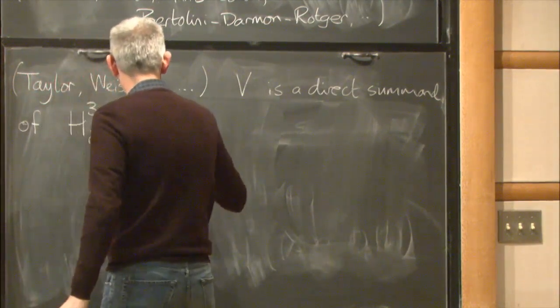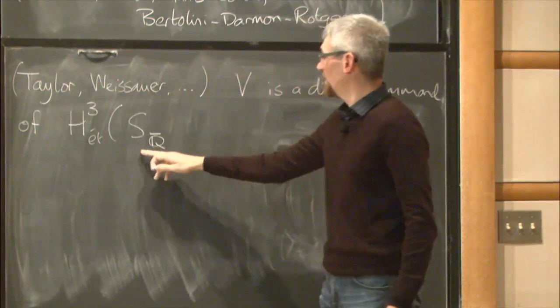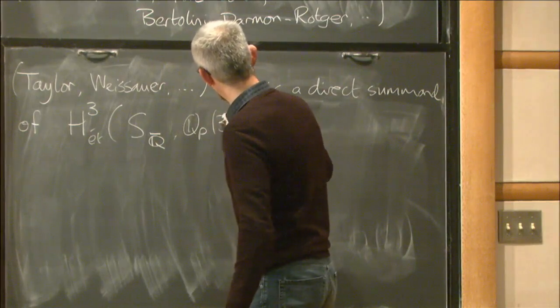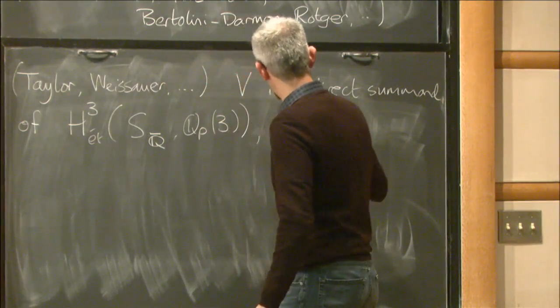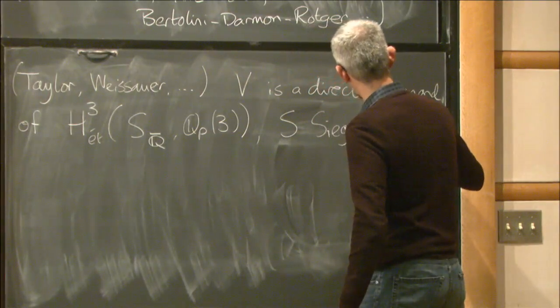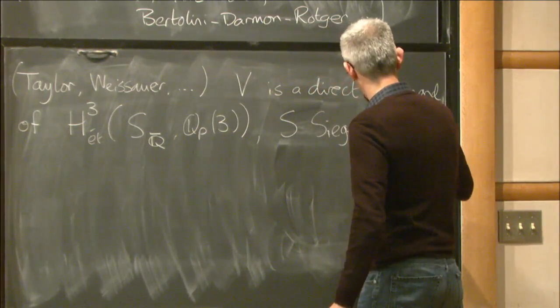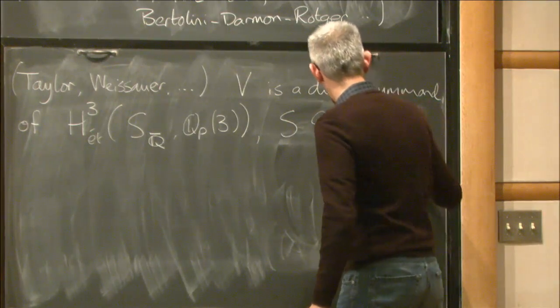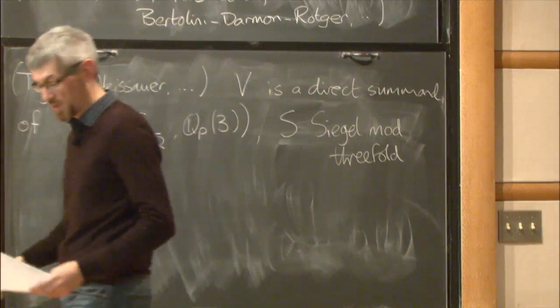So I have some variety S, and I take S over Q bar with coefficients this time in Qp3. And S is a Siegel modular threefold of some appropriate level.